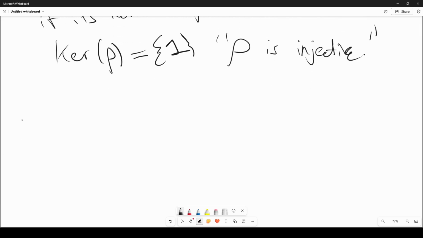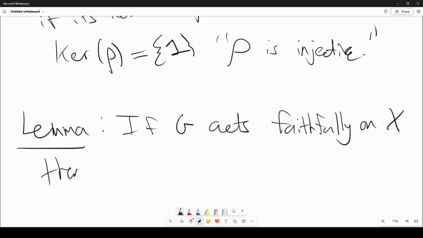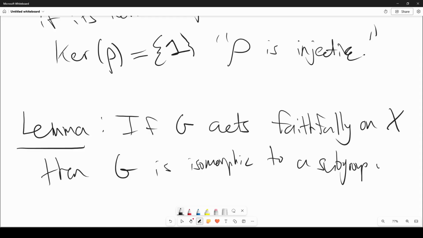Let's prove a quick lemma first. If a group G acts faithfully on a set X, then G is isomorphic to a subgroup of S_X.